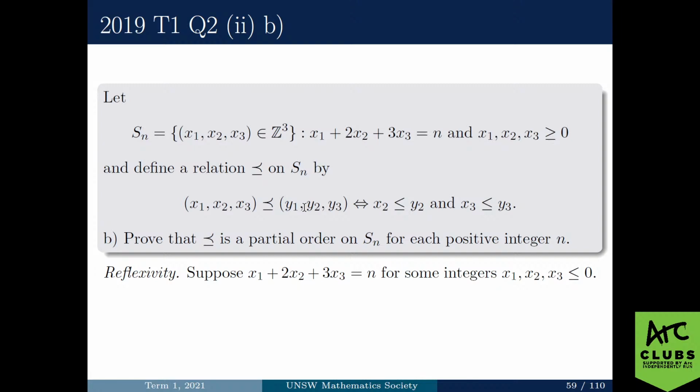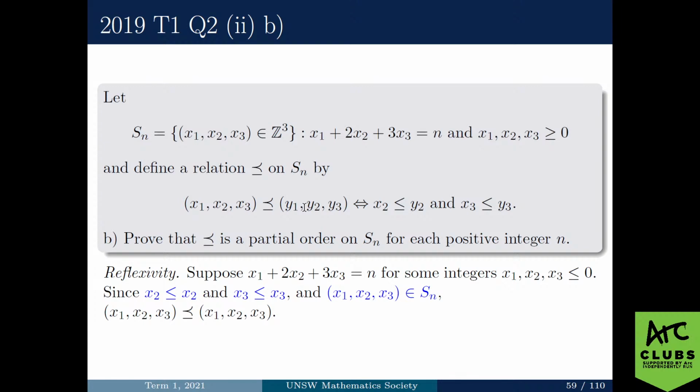So let's start by proving reflexivity, right? We suppose that we have a tuple in the set such that x1 plus x2 plus 3x3 is equal to n, for some integers x1, x2, x3 larger than or equal to 0. That's another typo. Apologies. Okay? And so by our definition, well, actually, we just know that x2 is less than or equal to x2 and x3 is also less than or equal to x3, right?